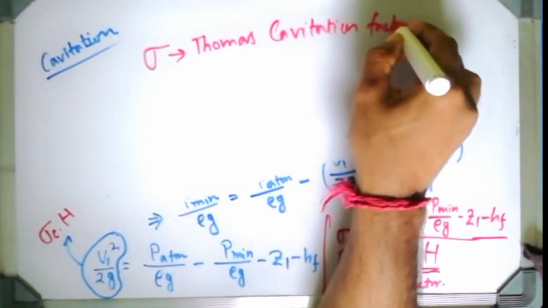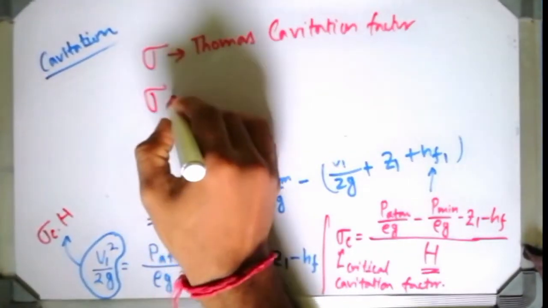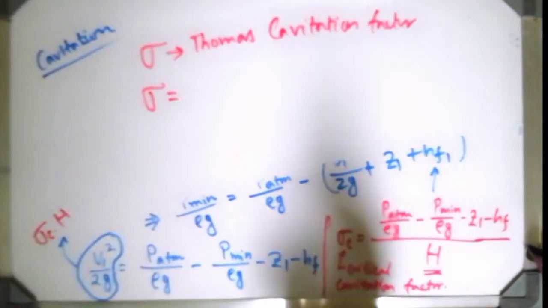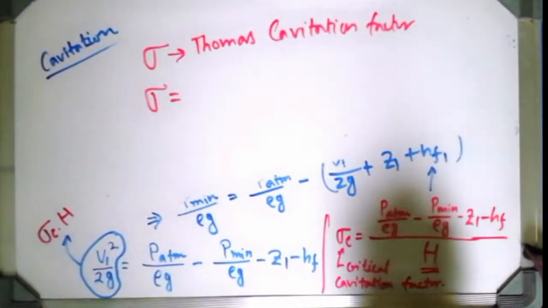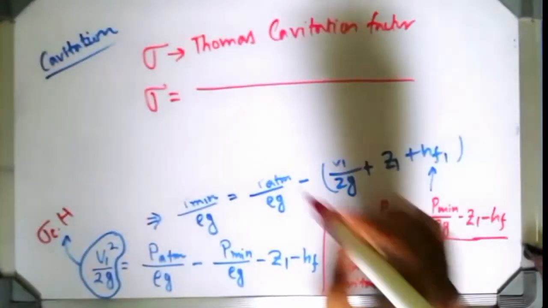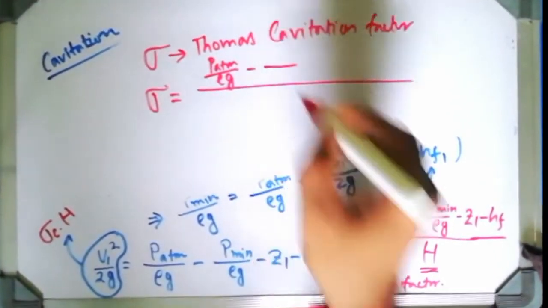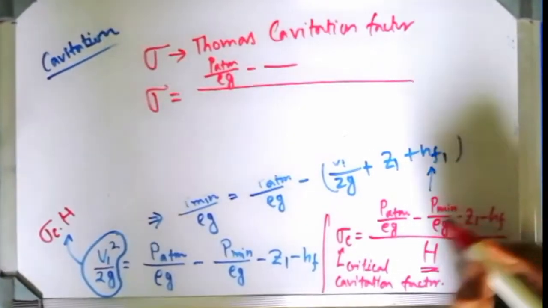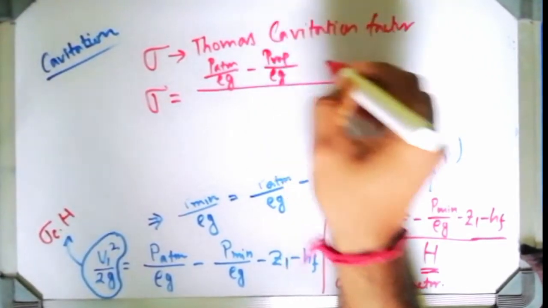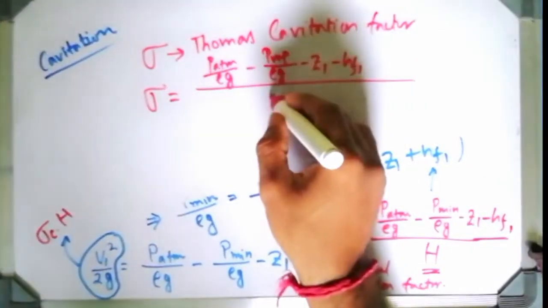If I write the expression of the Thomas cavitation factor, it is a simple expression: P ATM by rho g, a simple modification he has done, nothing else, minus this P minimum pressure replaced by P vapor pressure, that means the vapor pressure of the liquid handled by the pump, minus Z1 minus HF1. Rest of the things are the same, divided by H.